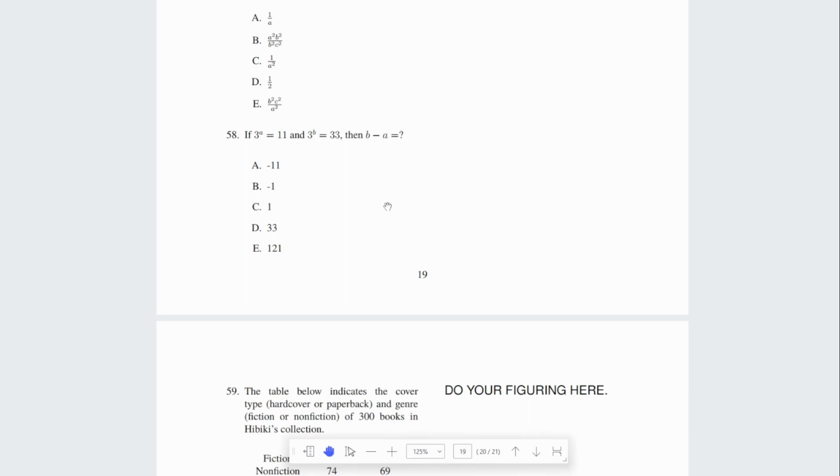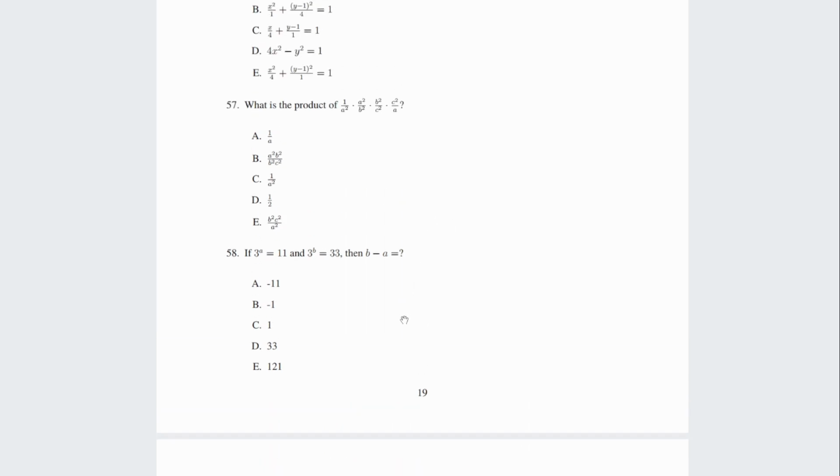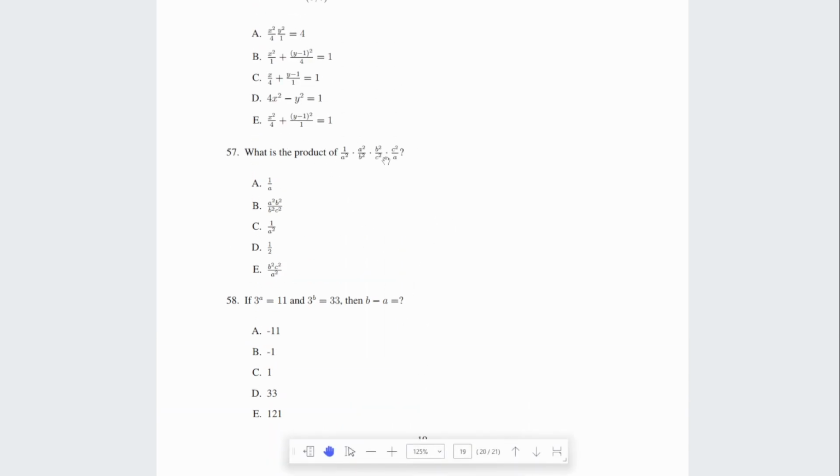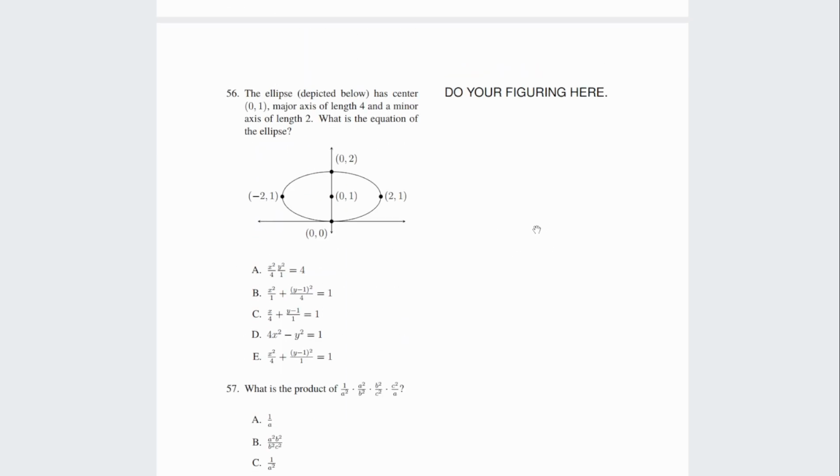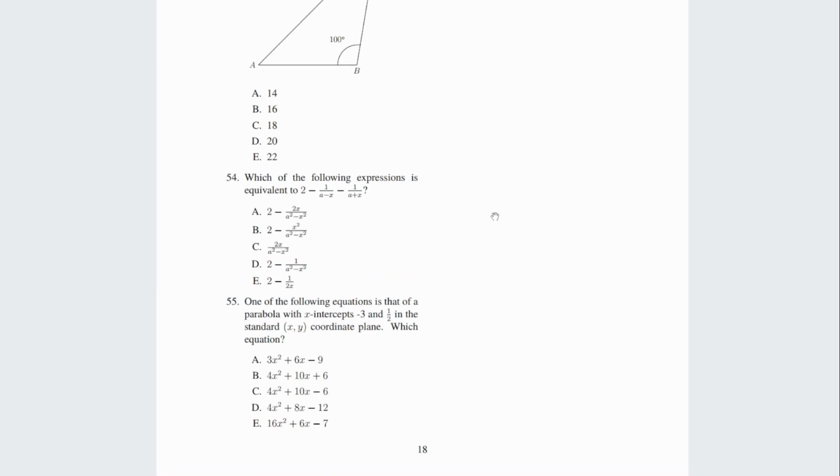Especially things like this one, question 58, looks very simple, but I think it's going to take a little bit of time to understand it. Likewise, question 57 seems like it could be very difficult if we tried to do this the wrong way, but might lead to a simple solution.